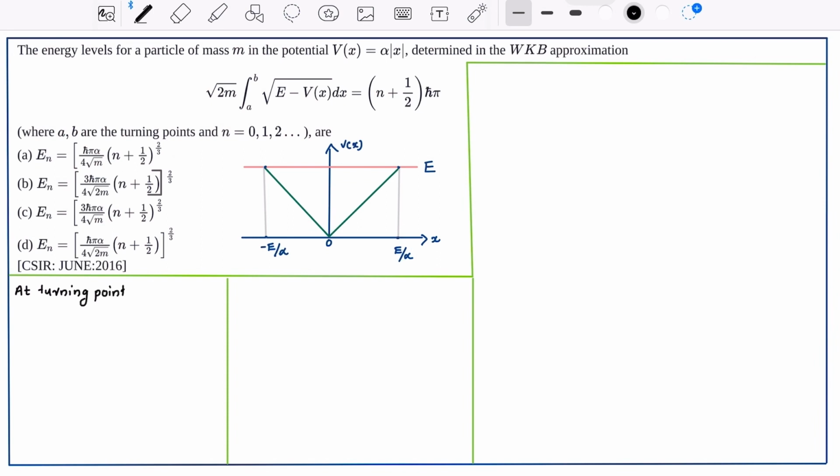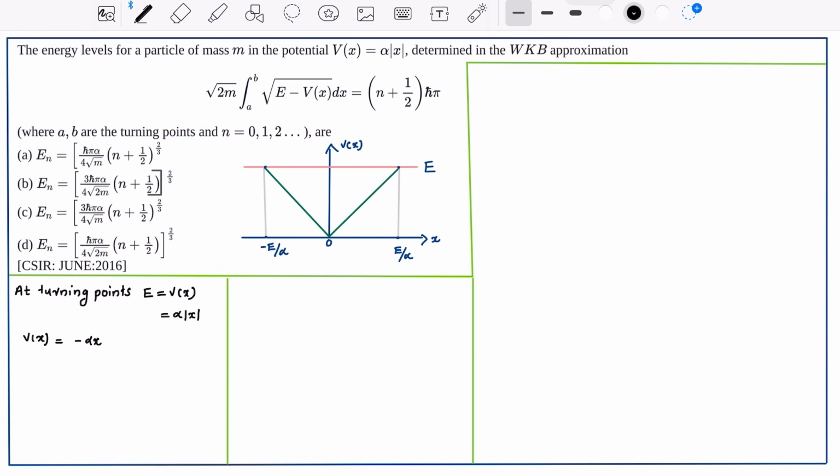Now, to solve the problem using WKB approximation, first we have to find out the turning points. We know that at a turning point, the total energy becomes equal to the potential energy. Here, the potential energy is alpha mod x. We have V of x equal to alpha mod x.